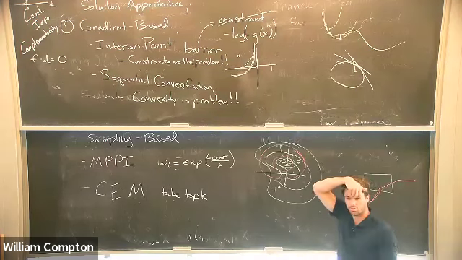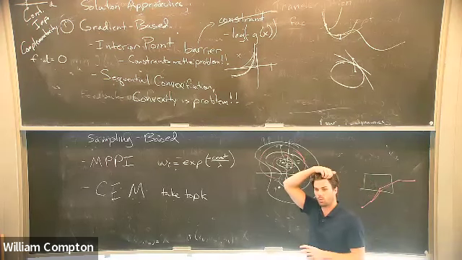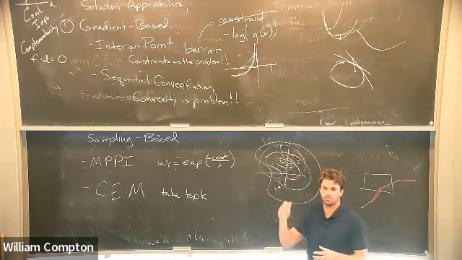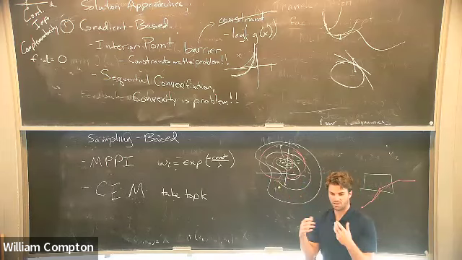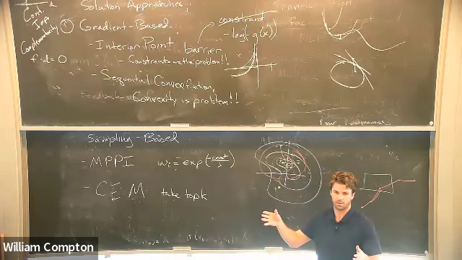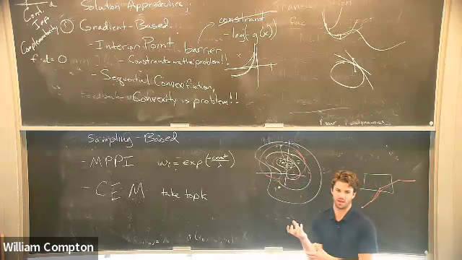Interior point methods do not jive well with warm starts because this barrier method has this implicit time in it. I need to relax the barrier through time. And so if you were trying to do it iteratively, you don't really know what to do with your barrier relaxation.